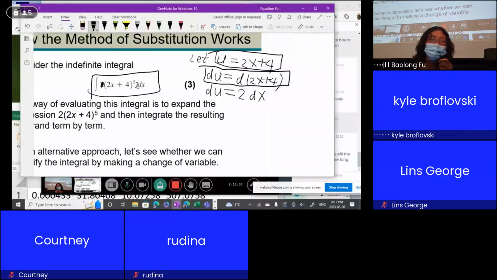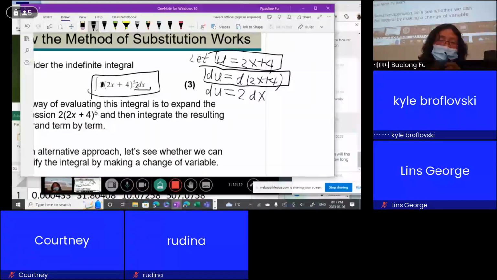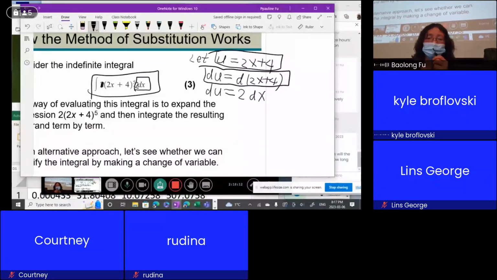The reason is I have 2 times dx here. You see? Wow, I got 2 dx here. So 2 times dx is just du. Did you see that? 2 times dx equal to du.